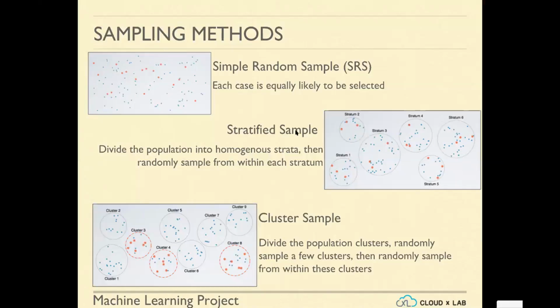Now there is something called stratified sampling. You divide the data set into strata, and then pick the samples from all of the strata in the same proportion. Imagine we had a smaller stratum here and we picked, say, 30% of the data.